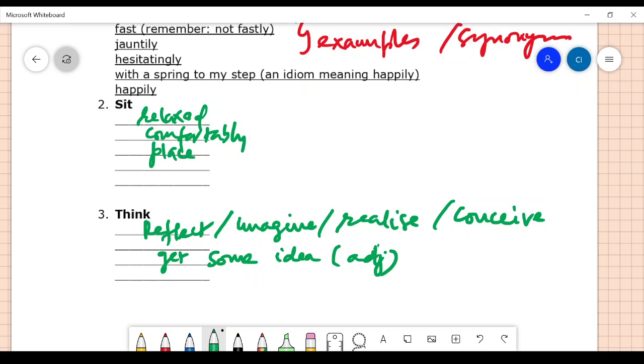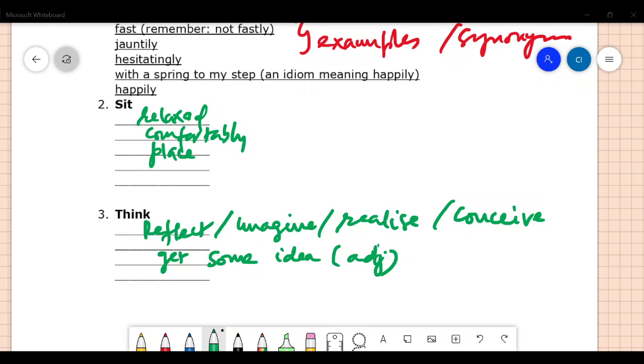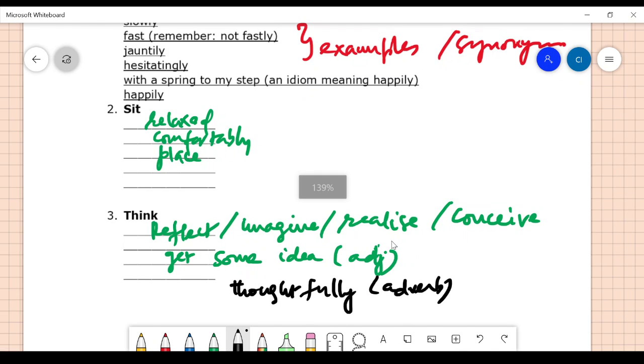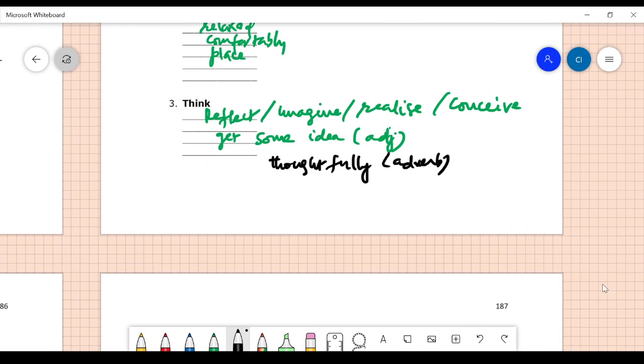And it implies the entrance of an idea without deliberate consideration or reflection. And the adverb of think is thoughtfully. It's an adverb. Okay, so let's move on.